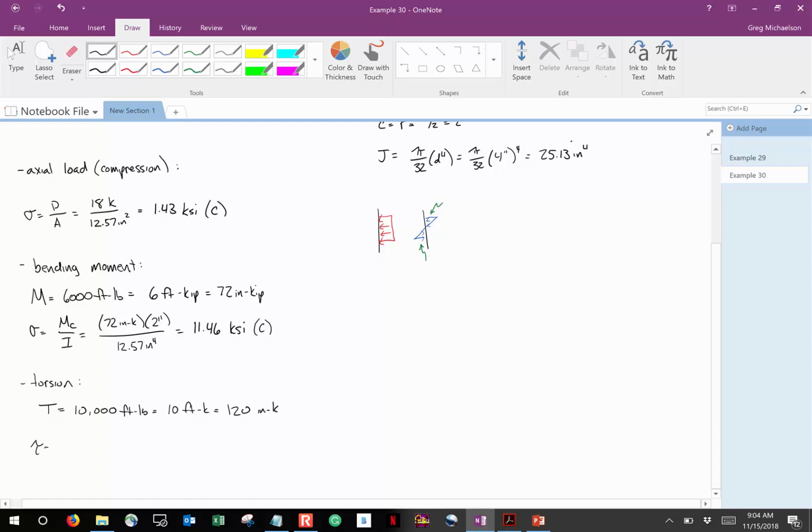We know that our shear stress equation from torsion is TR over J. Again, this is bringing back those formulas we haven't seen in a while. So that is 120 inch-kips times 2 inches divided by the J constant, which was 25.13.